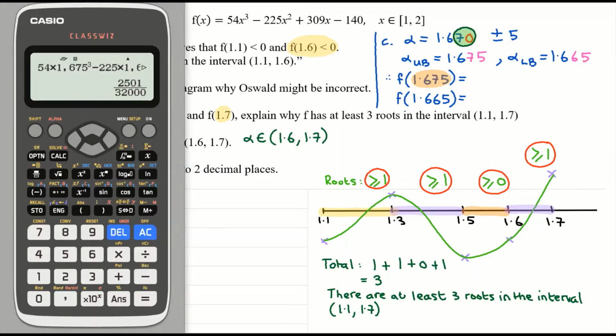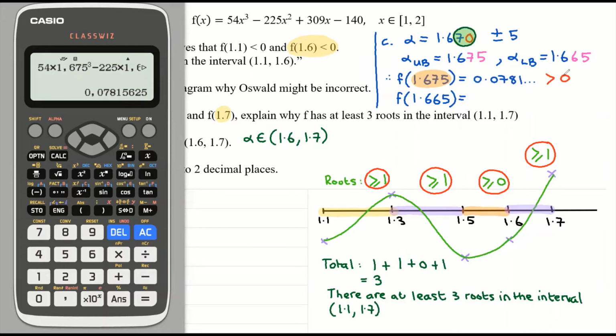Let's see what we get. We get a small but positive number. What we're hoping to get for the lower bound is a small but negative number, just to verify. So that's 0.0782 roughly, which is positive. If the root exists, there should be a change of sign here.